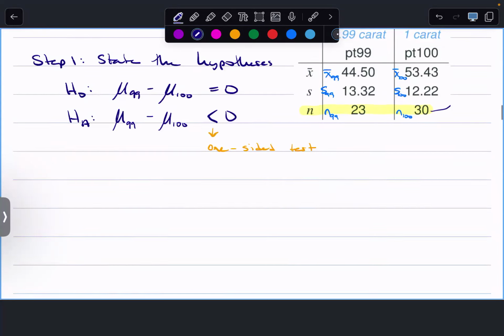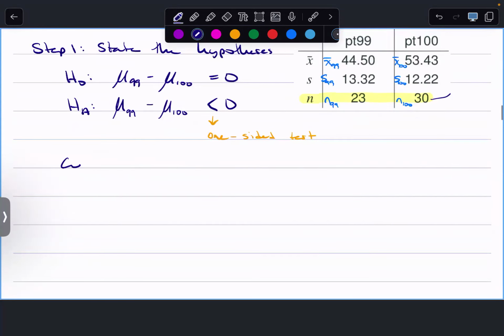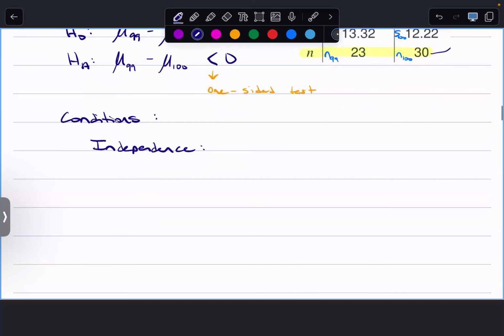But I almost forgot to check the conditions. Independence is the first condition. I've randomly sampled, so I can assume independence within each sample.